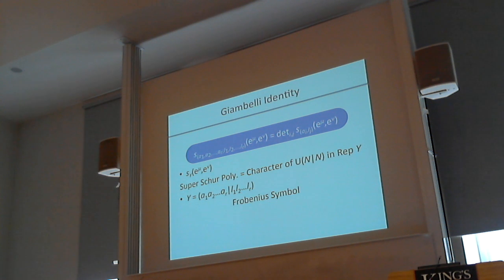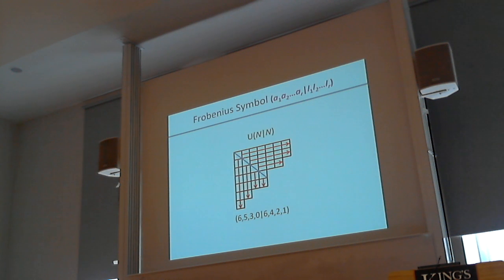The Giambelli identity is a classical mathematical formula stating that the supersymmetric Schur polynomial of this kind is written in terms of the determinant of some other supersymmetric Schur polynomials. Here s_Y, as I told you before, is a supersymmetric Schur polynomial, and it is the character of U(N|N) in representation Y. For the Young diagram Y, I use the Frobenius symbol, and I depict it like this. Pictorially, the Frobenius symbol is defined as follows.